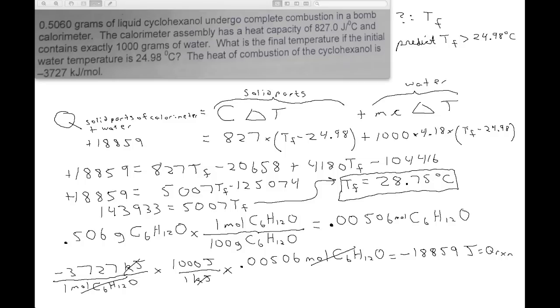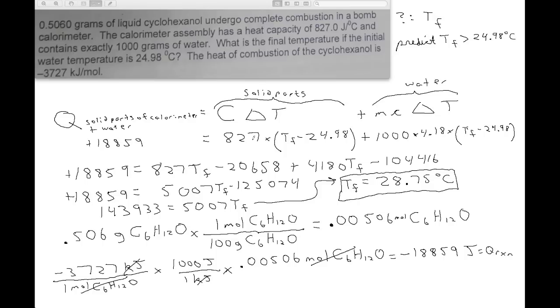And then again, the other clue that this heat capacity did not include the water is that it seems too small for that. Usually when the heat capacity includes both the solid portions and the water portions, it comes out to be like 3 or 4 or 5 kilojoules, whereas this is less than 1 kilojoule, which means that it's probably just the solid portions.